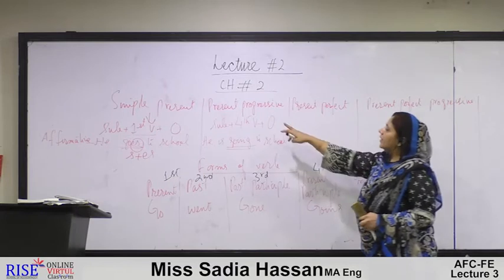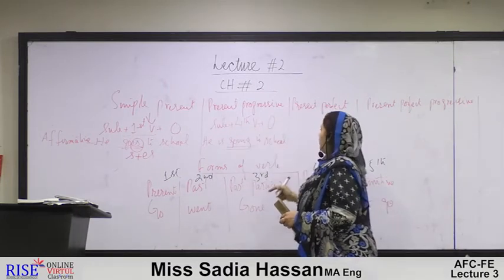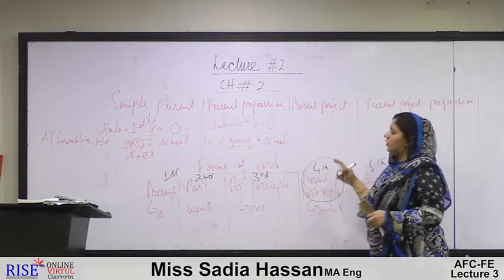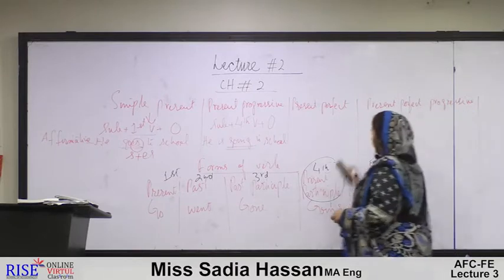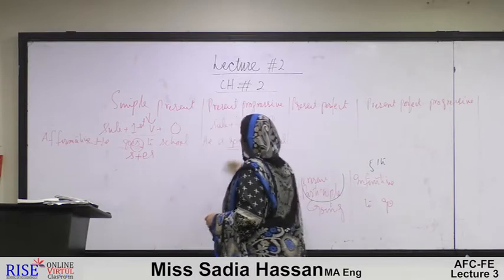Fine. I am writing it for the convenience of the place on the board, fourth verb form over here, so that you keep in mind that by fourth form of the verb we mean the present participle form of the verb. Okay, I hope this context of the fourth verb form would be clear to you.